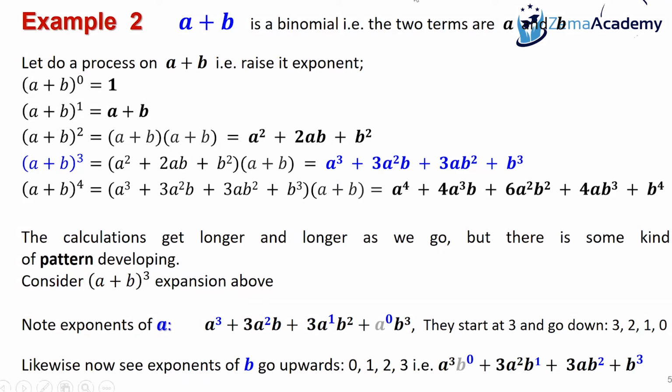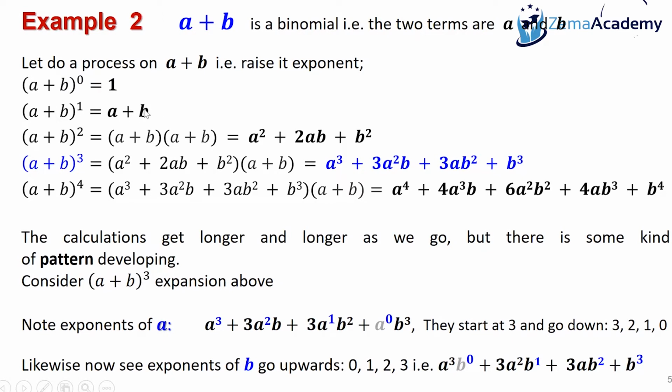But if you look at the answers of all these bracketed terms, there is a certain pattern that is being developed. For example, here you can see a to the power 1, here a to the power 2, here a to the power 3, here a to the power 4. So definitely a plus b whole to the power 5 will have a to the power 5. Okay. Similarly, if you look at the second term, start from the a plus b to the power 1.